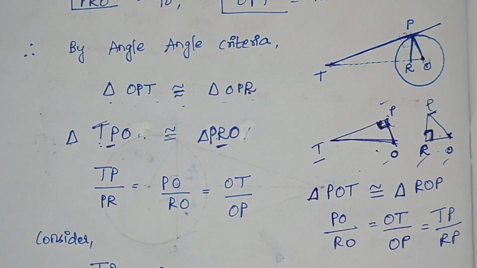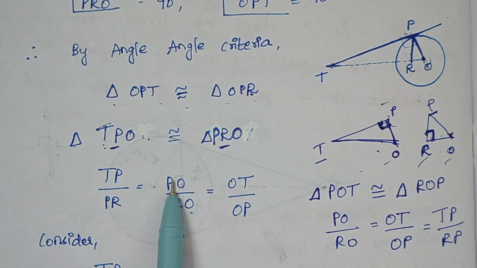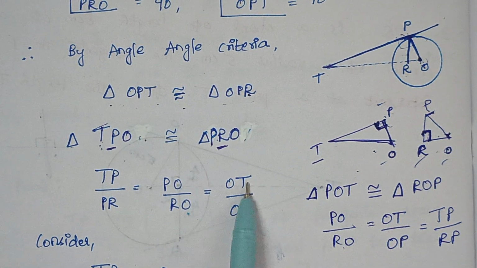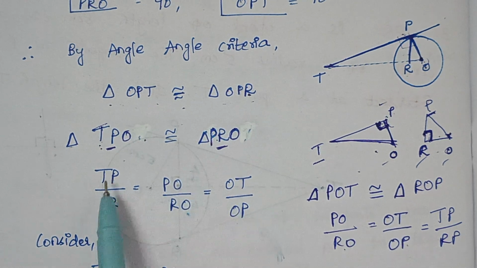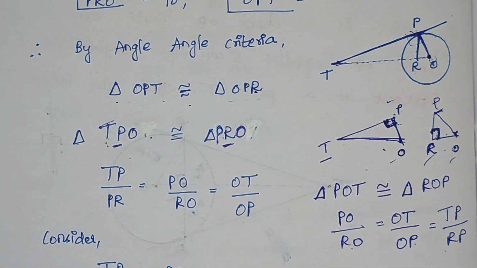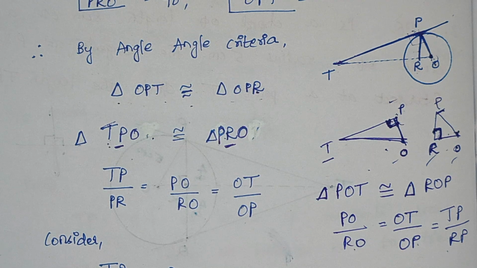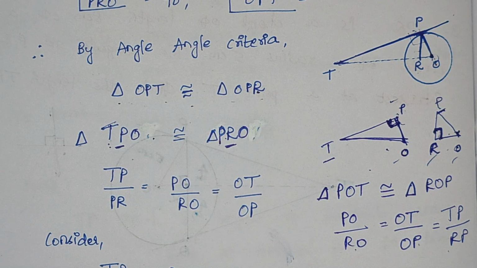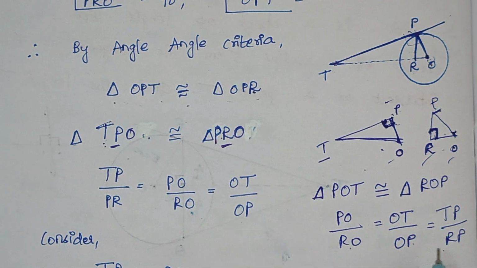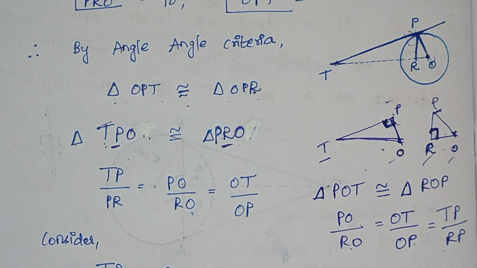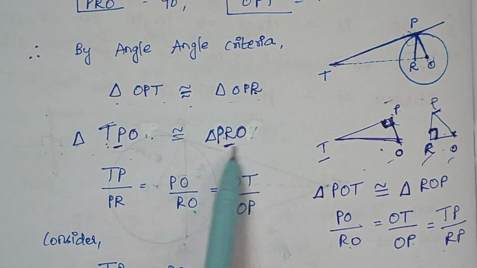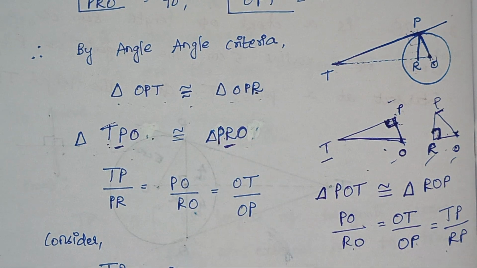Anyway, we will be having the same things. PO by RO, it is here. OT by OP, it is here. And TP by PR, it is also here. So write accordingly, it's up to you. Now, it is the easiest way to write it. Once you clearly define the triangles, then you can write the sides.